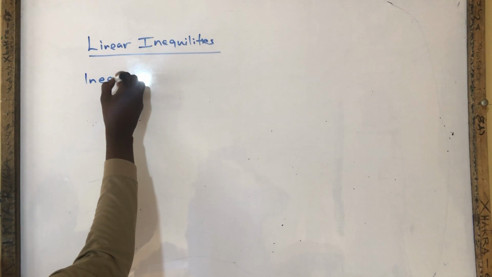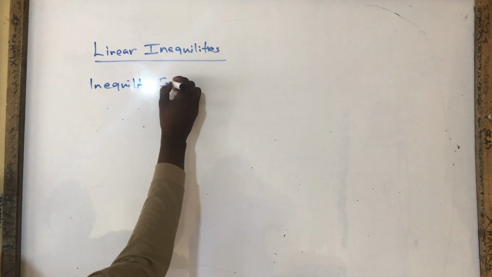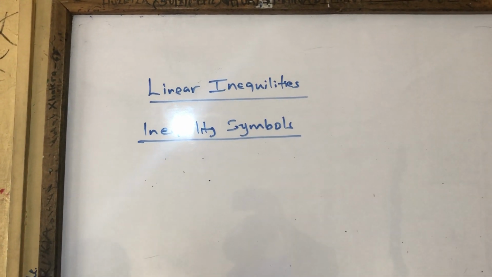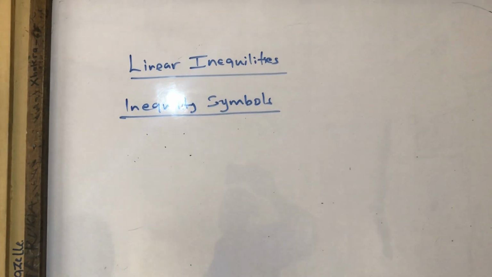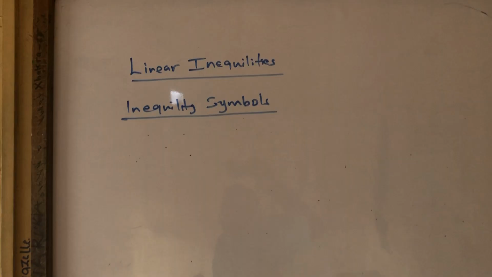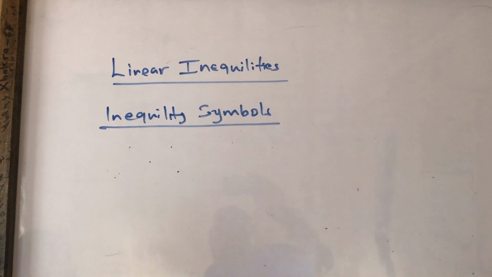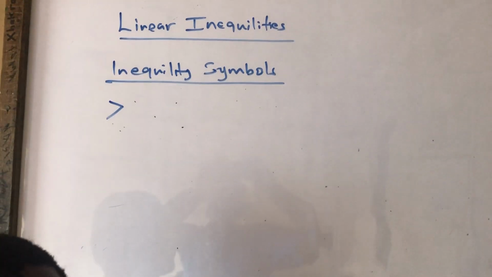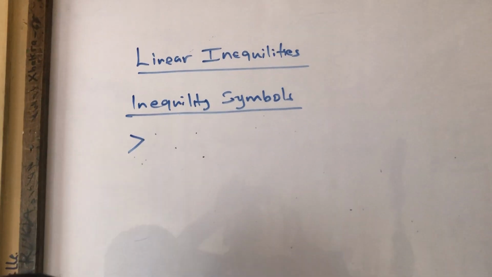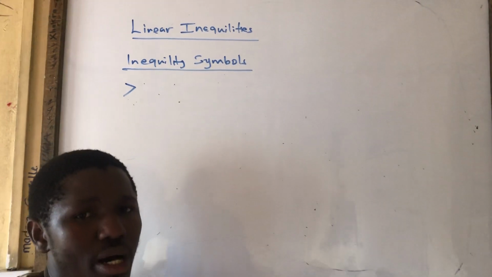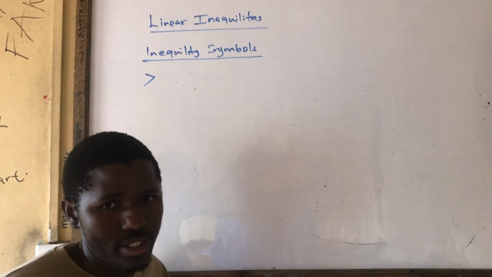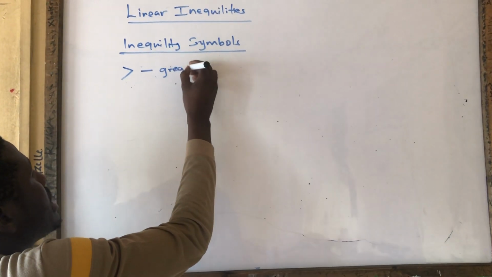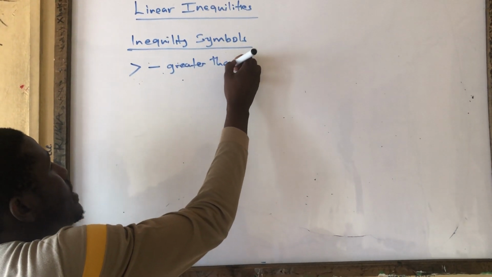What are the inequality symbols? We have got 4 inequality symbols. What are these 4 inequality symbols? The first one is this one, which we describe as greater than.